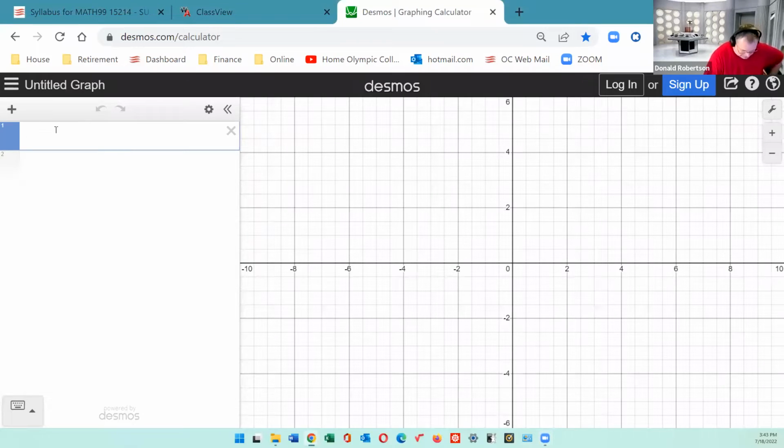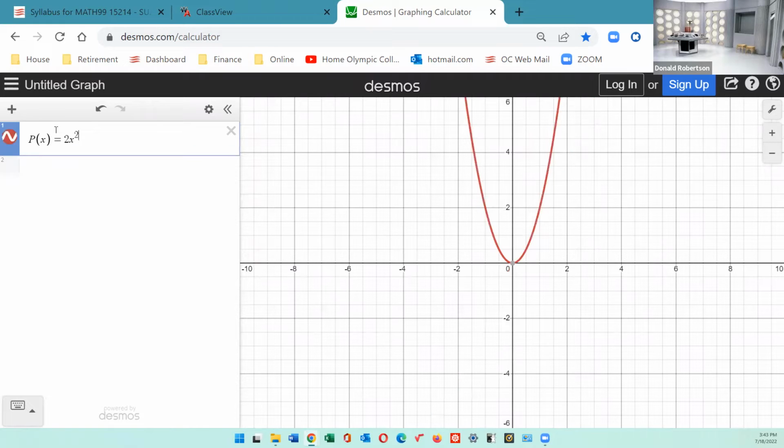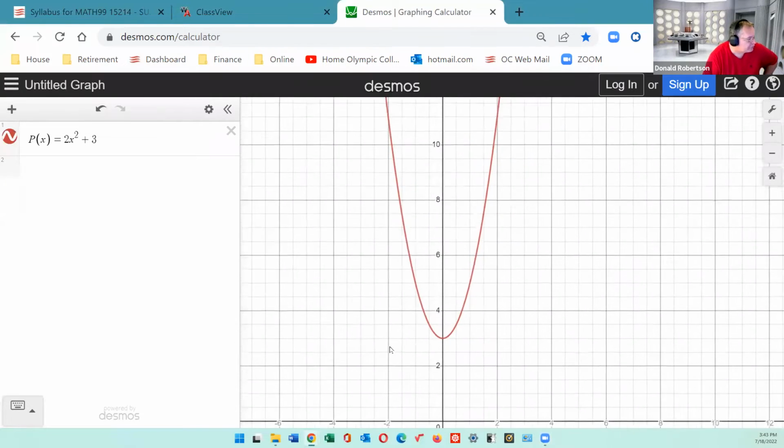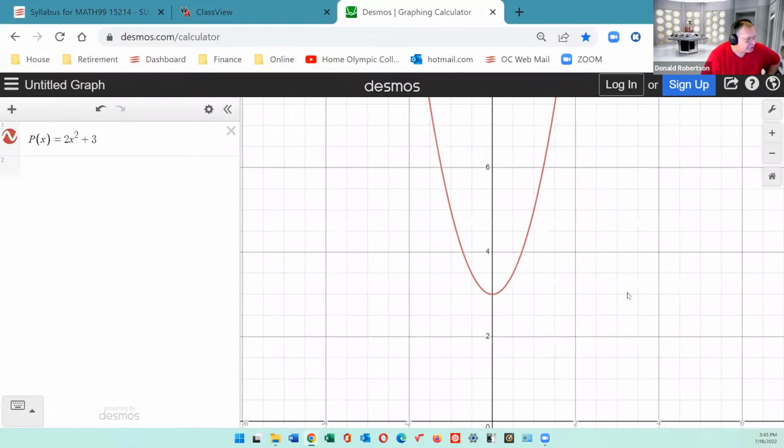So stop this guy, go into Desmos, and you can type, in this case, p of x equals 2x squared plus 3. And if I move things around a little bit, there. This is essentially the same curve that I had.